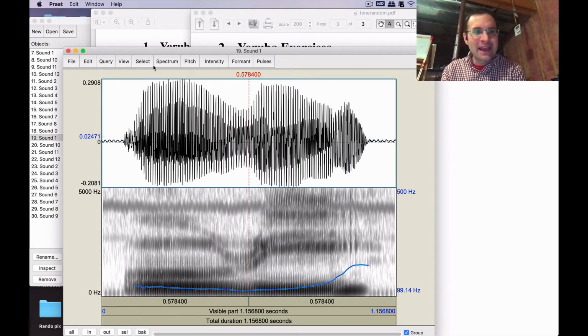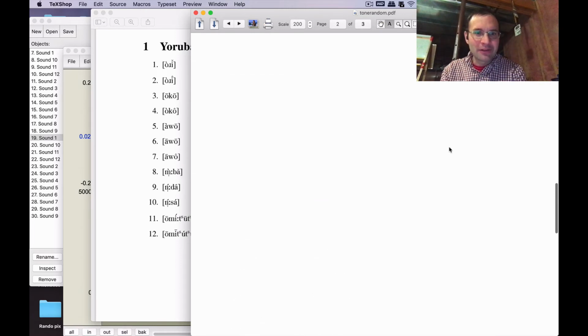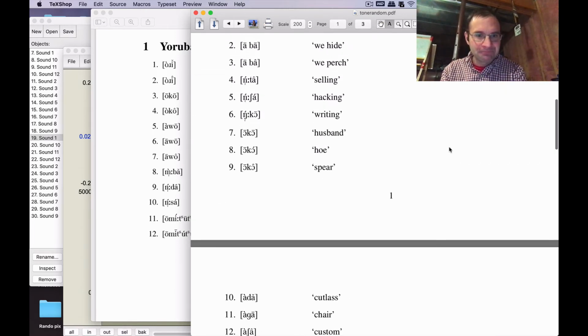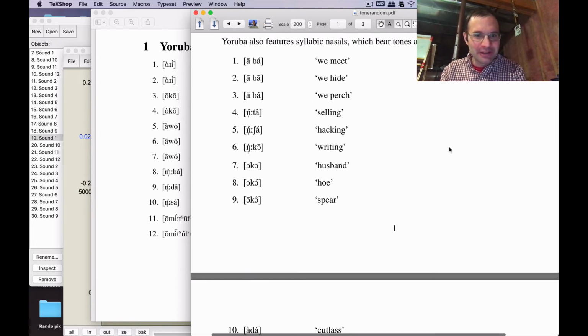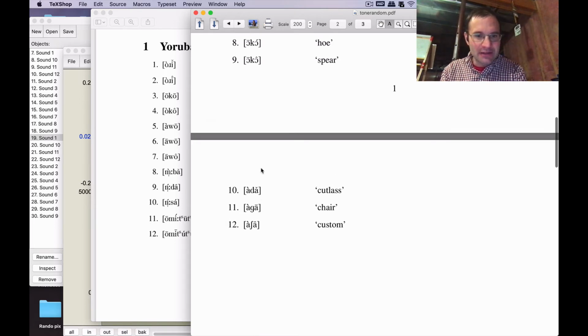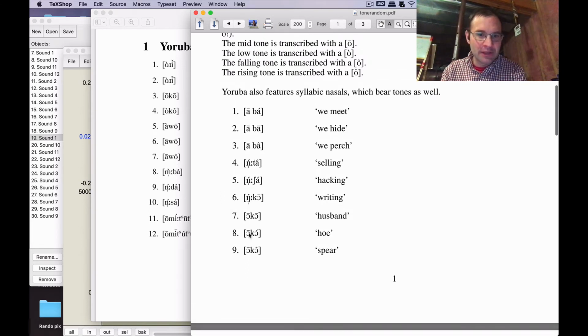Again, you have to put this in context to help it make sense. We can look for other examples that might help us interpret it a little bit. We've got a couple of examples of a low tone at the beginning from 10, 11, 12. There's a couple of examples of a mid followed by a high in 1 and 8.